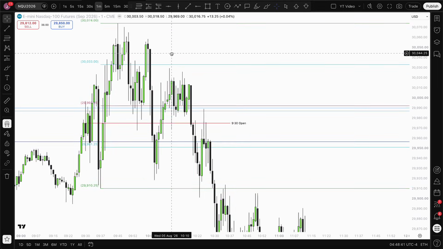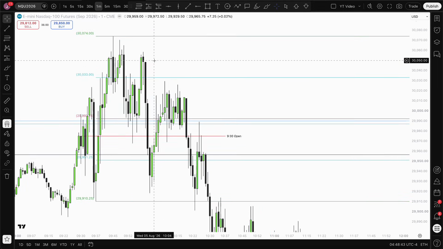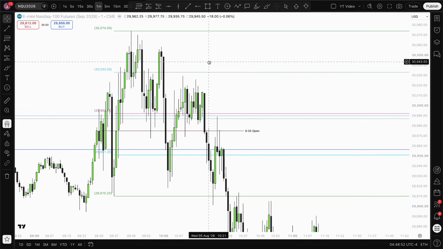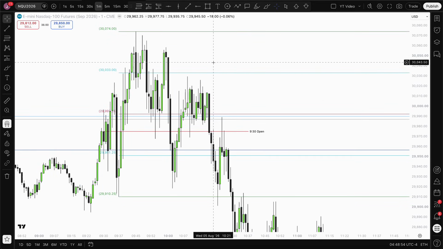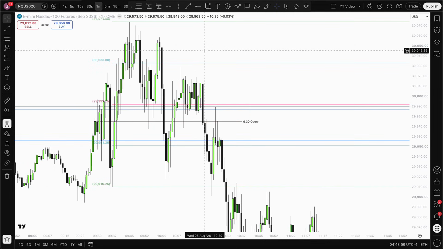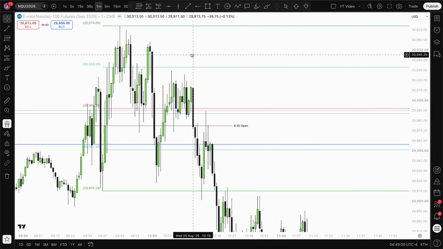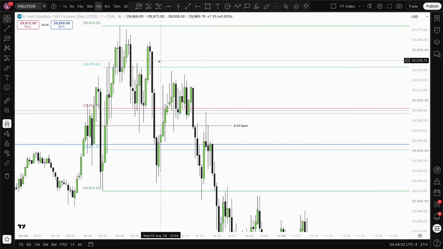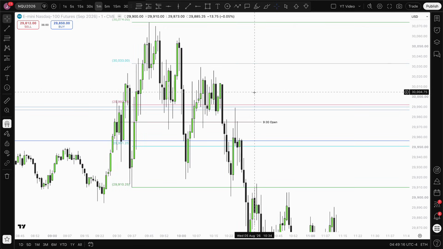We look at the quadrant levels: this is the upper quadrant level, this is the 50% level, and the lower quadrant level of the previous 30-minute cycle. We want to look for shorts either above the upper quadrant level or above the 50% level of the previous 30-minute cycle.